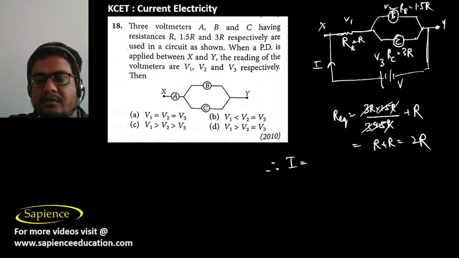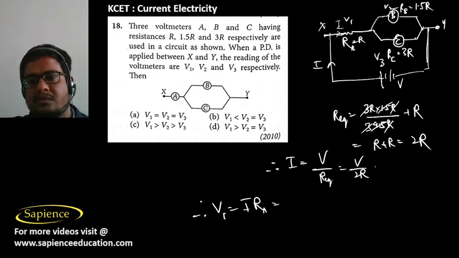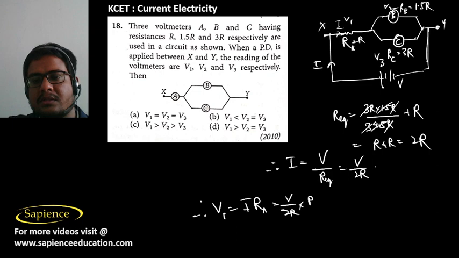Therefore, how much current will pass through it? The current I will be equal to V by R equivalent, that is V by 2R. Now therefore V1 will be equal to I into RA, so that is equal to V by 2R into R, which is equal to V by 2.